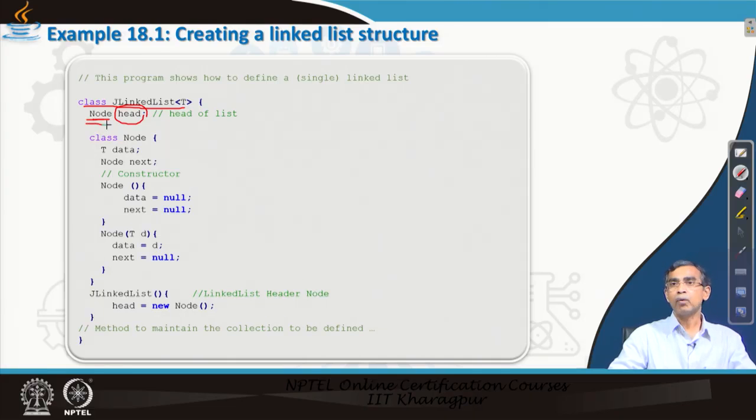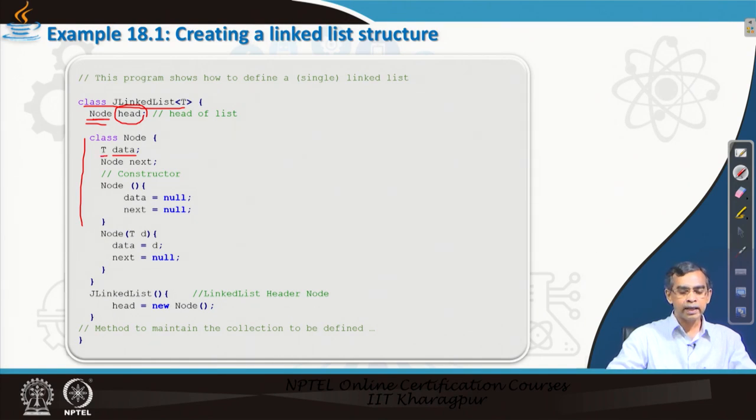Now, let us define what exactly a node is. So, we have another inner class declaration. In this inner class declaration, a node is defined by 2 components. One is called data, and this data is of type T. It can be integer, float, double, string, student, book, like this.